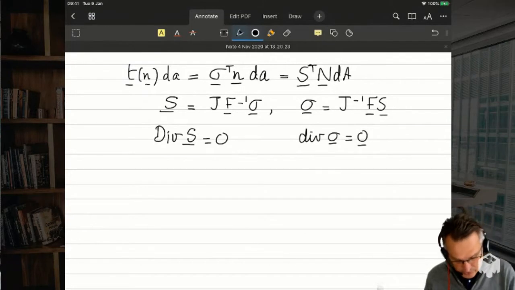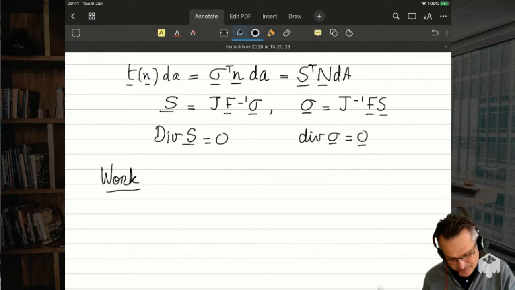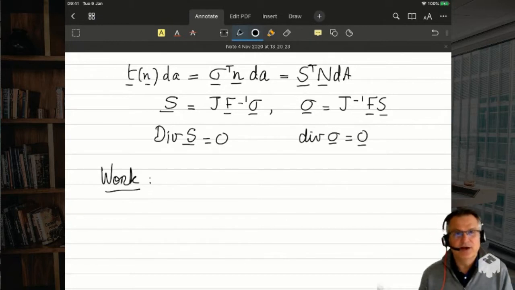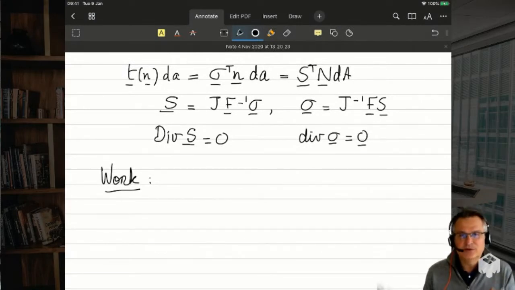All right, so today we're going to talk about work. Of course, we have forces. We're only considering surface forces, but they do work when there's a displacement, a change of position. You've seen that in first year, the principle of work: the work done by the forces is equal to the change in kinetic and potential energy.